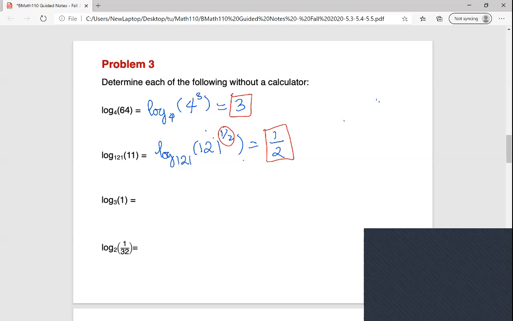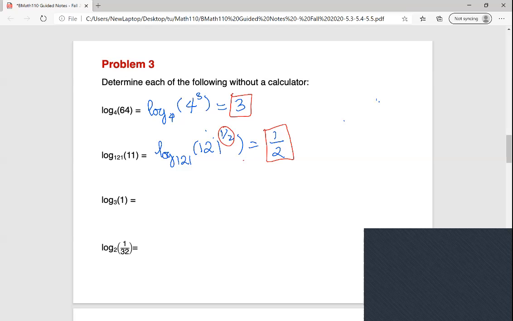I'm going to say any log, any base of logs, how do I say, any log that has argument 1 will be equal to 0.